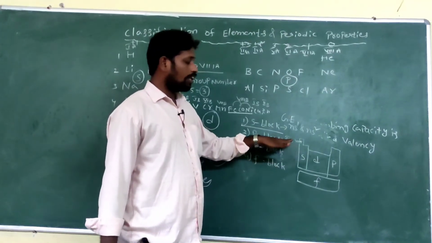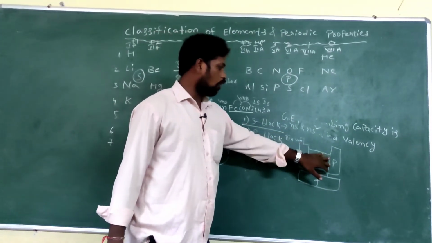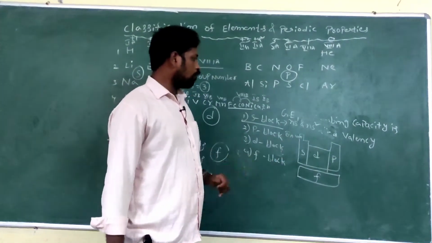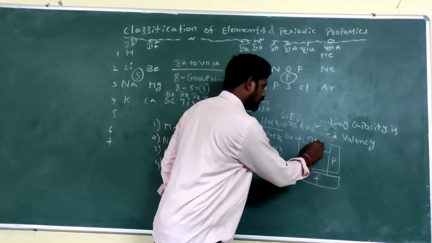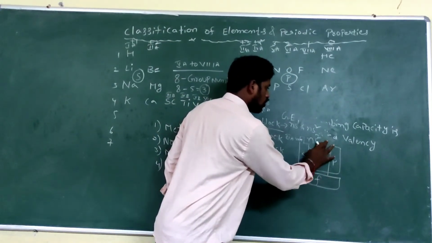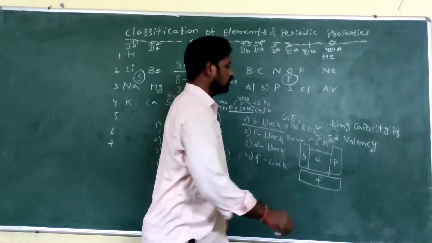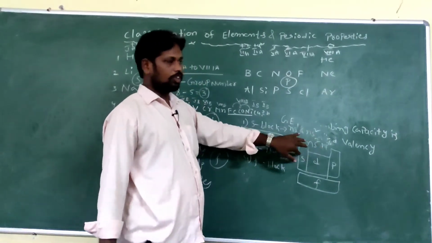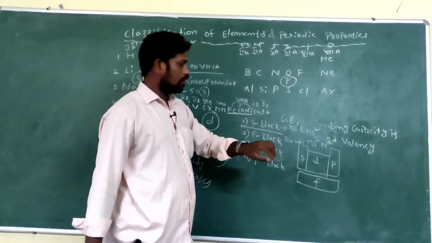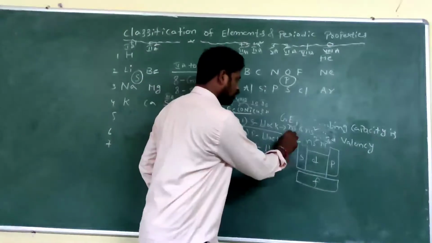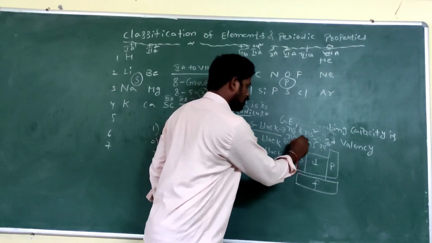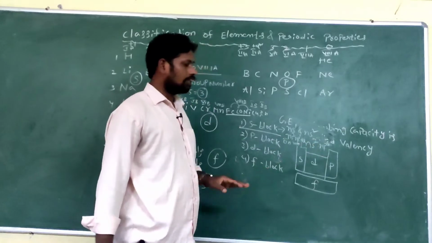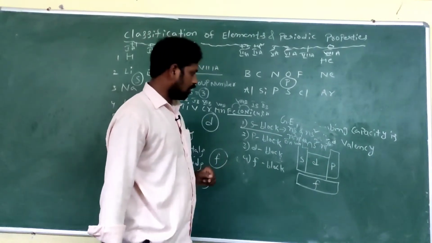Different electrons enter into the P block, so they are called P block elements. The P block general electronic configuration is ns2 np1, np2, np3, np4, np5, np6. You have to find ns2 np1 to ns2 np6. These are the general electronic configurations.